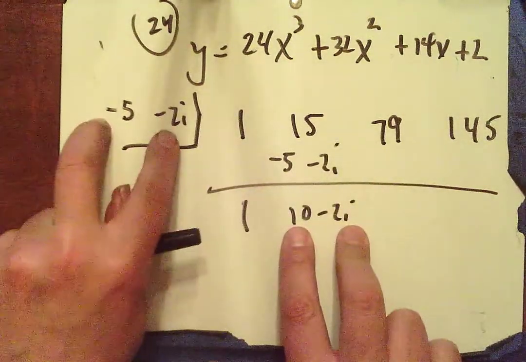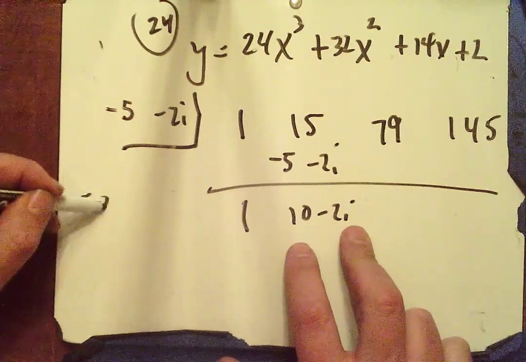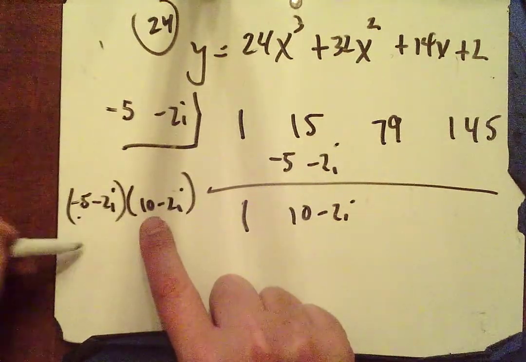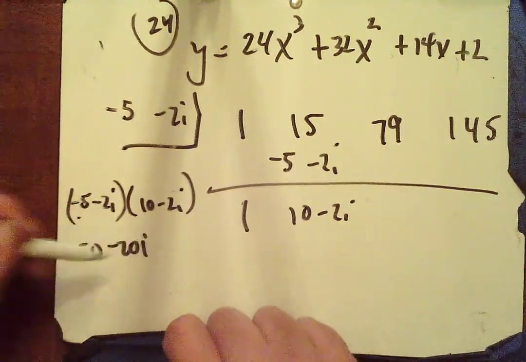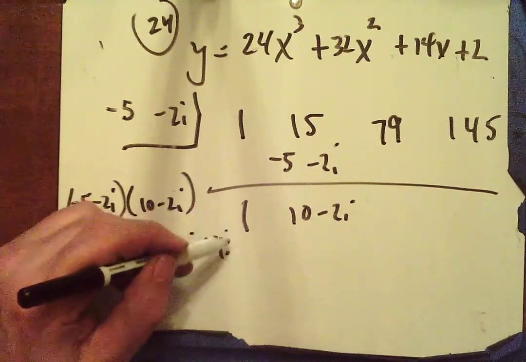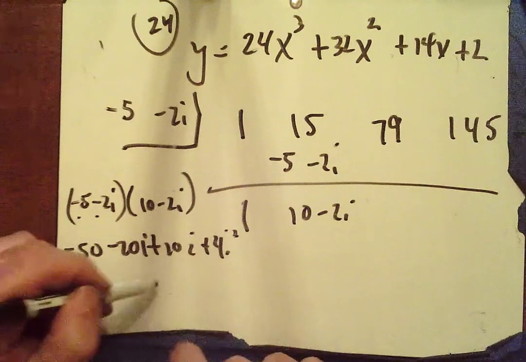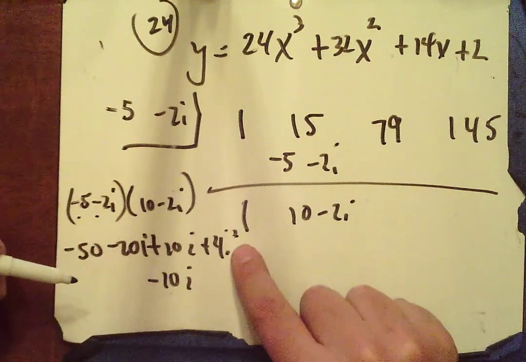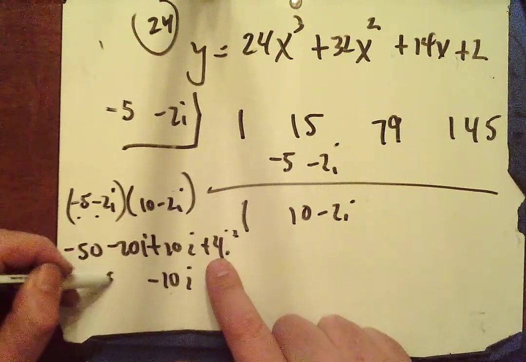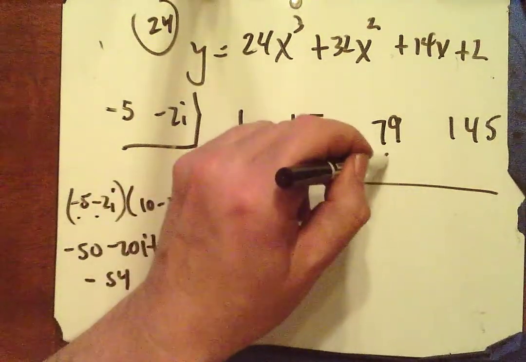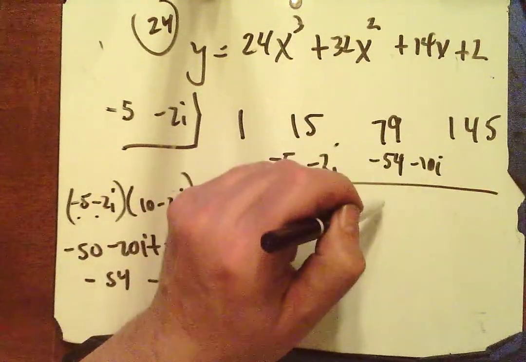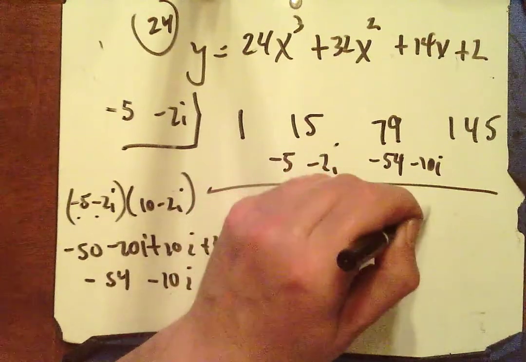Now I need this times these. -5 minus 2i times 10 minus 2i. That's going to be -50 minus 20i plus 10i plus 4i squared. So that's going to be -10i. i squared is -1 times 4 is -4 plus -50 is -54. So that's -54 minus 10i. When I combine like terms, I have 25 minus 10i.